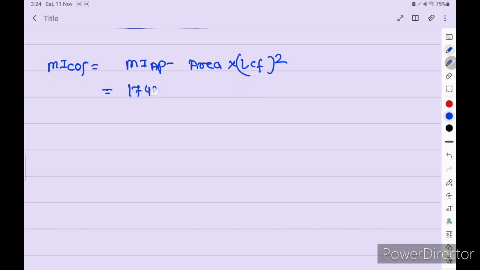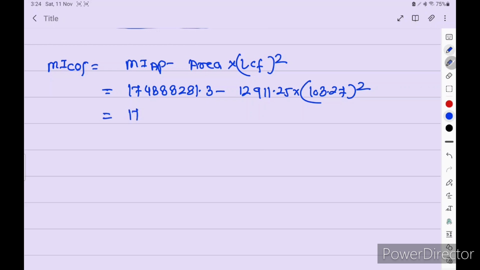Now put all these values in: MI center of rotation is equal to MI about the aft perpendicular minus area into LCF square. So 174888281.3 minus 12911.25 into 103.27, the LCF, square.